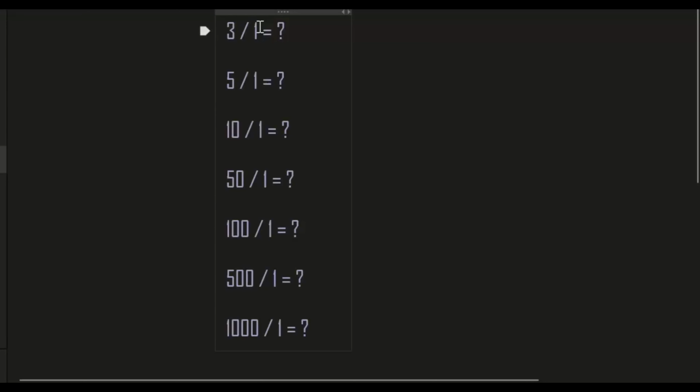That means our answers here are these. 3 divided by 1 equals 3, 5 divided by 1 equals 5, 10 divided by 1 equals 10, 50 divided by 1 equals 50, 100 divided by 1 equals 100, 500 divided by 1 equals 500, and 1000 divided by 1 equals 1000.